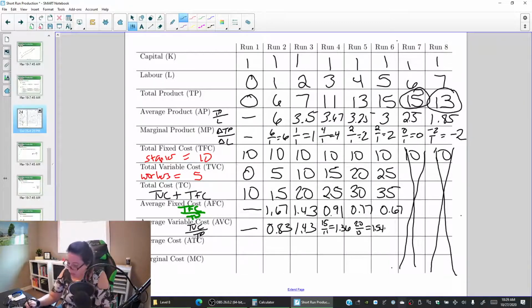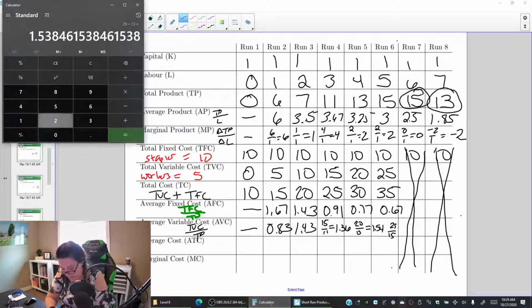Okay, and lastly, we have our total variable cost of 25 divided by our total product of 15. So 25 divided by 15.